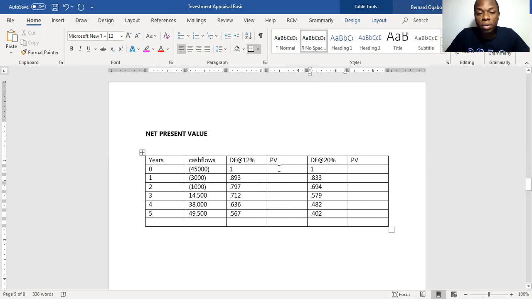Since the discount factor of year 0 is 1, meaning $1 today is $1, I'm going to say 45,000 is still 45,000 negative.